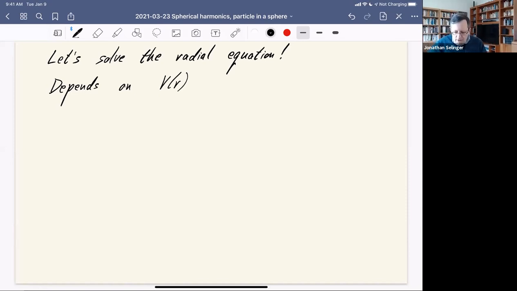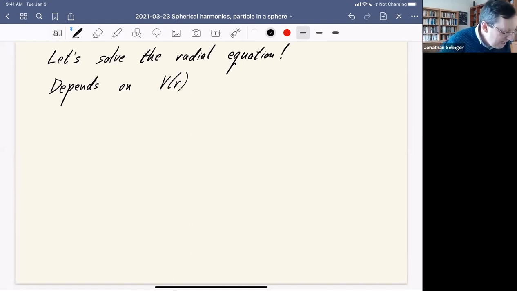Okay, so there's no generic solution for the radial equation. We need to pick a particular potential energy. Okay, so let's do that.